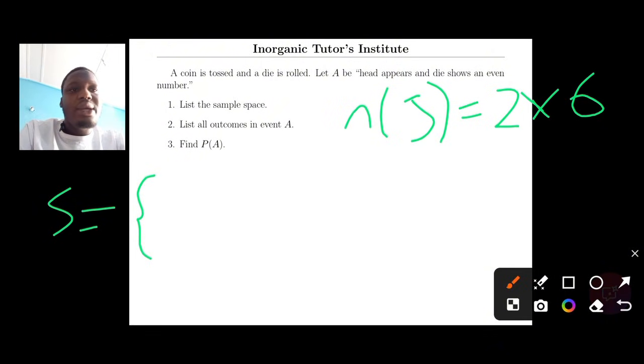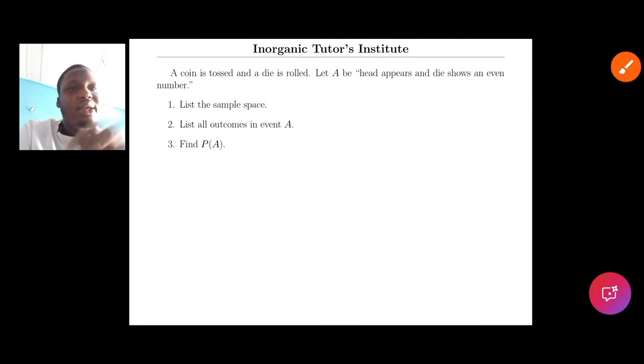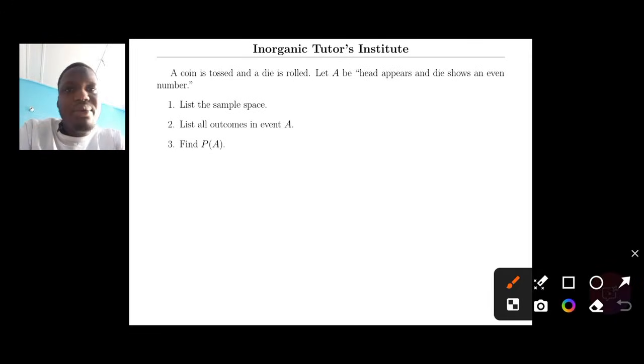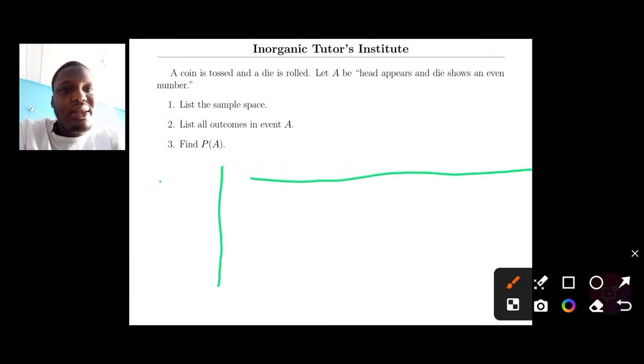We can work with a table if you want to, and I think that will be better since we are just starting. You can have the outcomes for the toss of the coin here: a head or a tail.